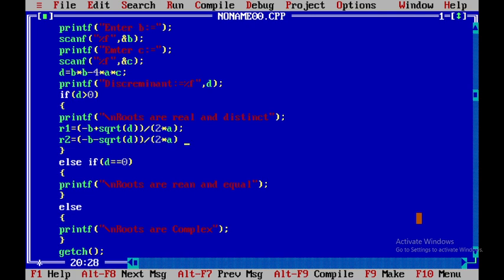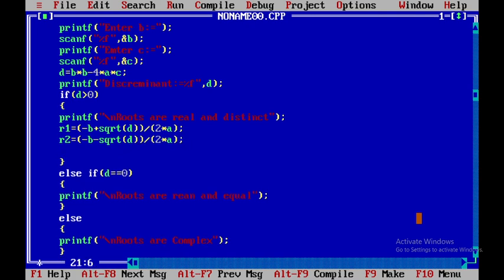And now printf roots are, say, first root is equal to %f, and second root is equal to %f.